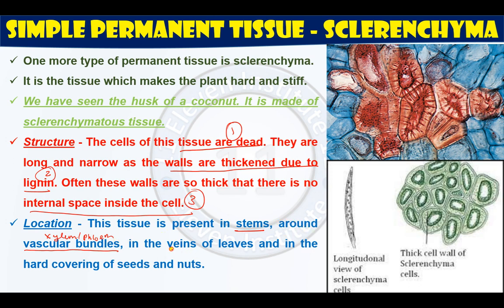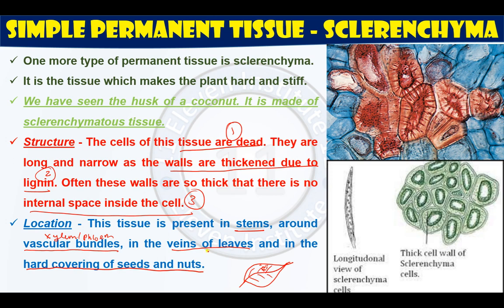In the veins of leaves, remember? Suppose this is a leaf, and I am very sorry that I am not that good at drawing, right? But these are the leaf veins, right? So near these veins, in these veins also, you can see there are some small structures like this in the leaf if you observe it closely, and in those veins also sclerenchyma is present. And apart from that, the hard covering of seeds and nuts.